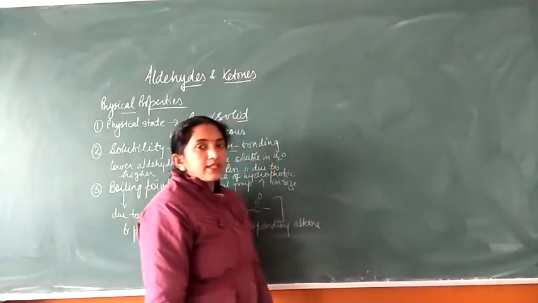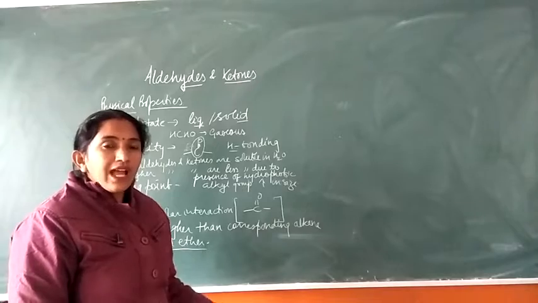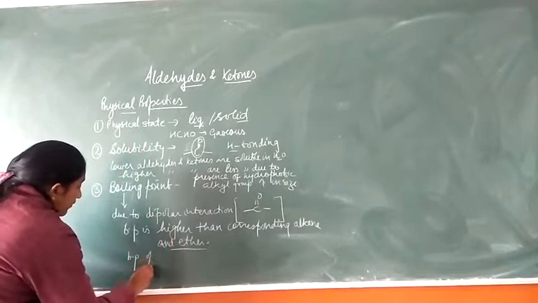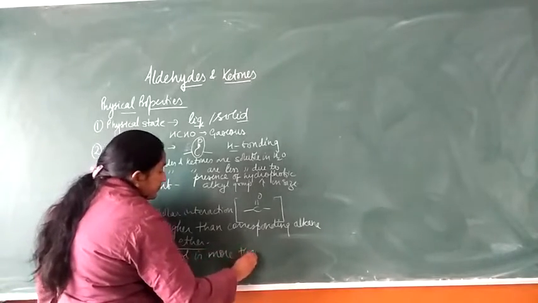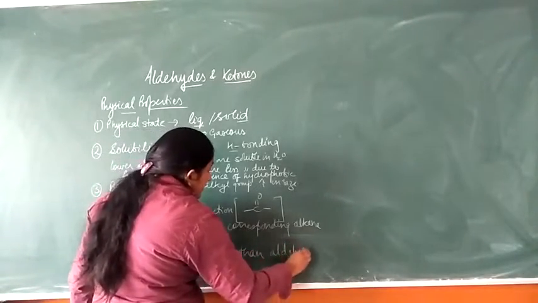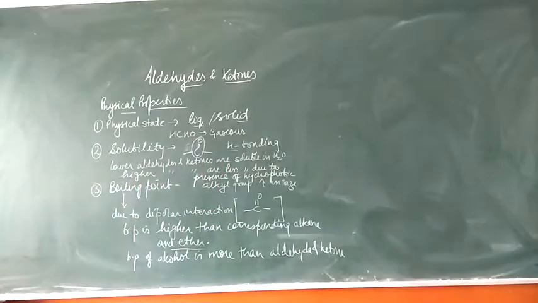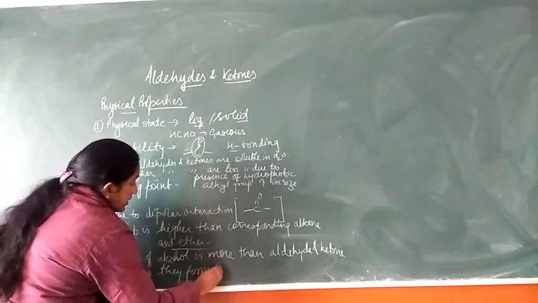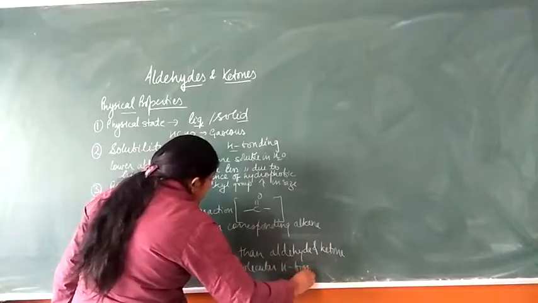So if we compare aldehydes and ketones with alcohol in terms of boiling point, alcohol has the higher boiling point, because it forms intermolecular hydrogen bonds.